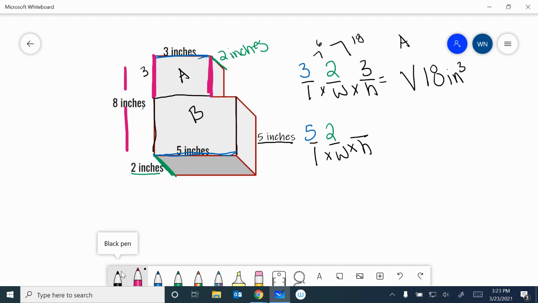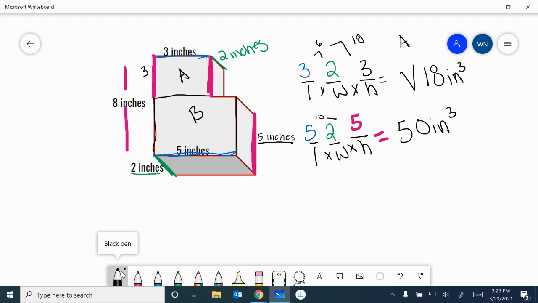So again, we have this 8 inches over here, but it's the whole thing. So I'm going to look back over here and see that it's 5 inches tall because we're just going for this one box. So I can put a 5 there. Now to solve my volume, I'm going to multiply 5 times 2 is 10. Times 5 gets me 50 inches cubed.